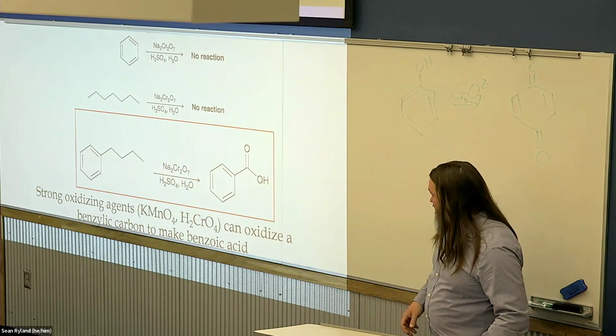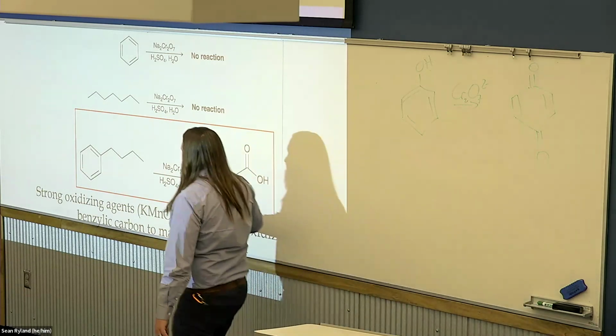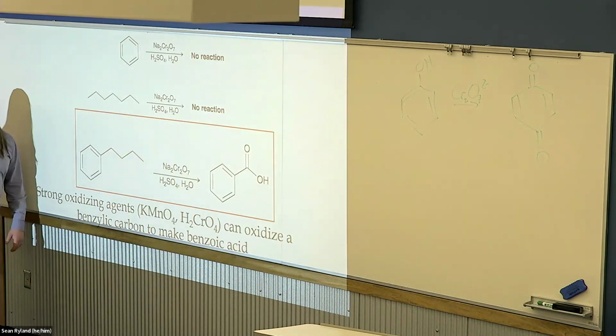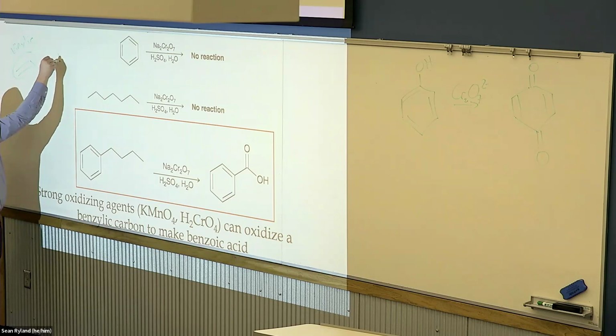And so I'll remind you of that terminology. Benzylic means not part of the phenyl group, but adjacent to it. Just like allylic was not vinylic. These two were vinylic, and this was allylic.